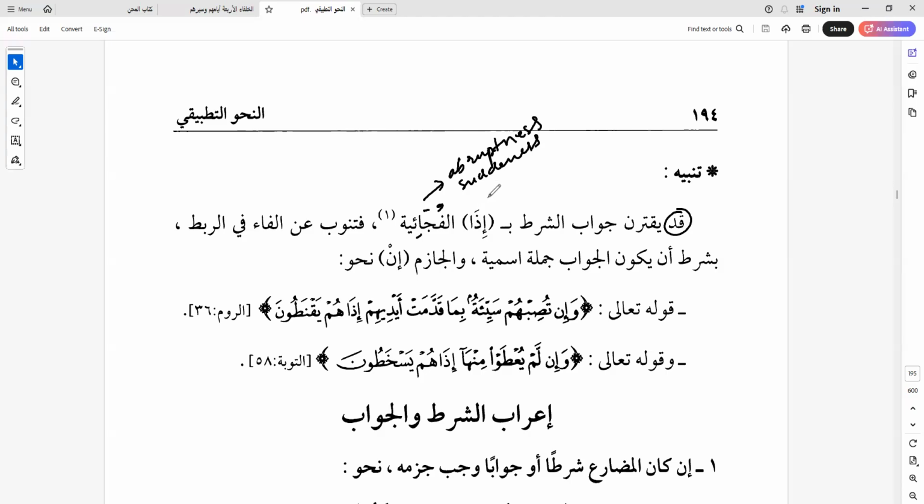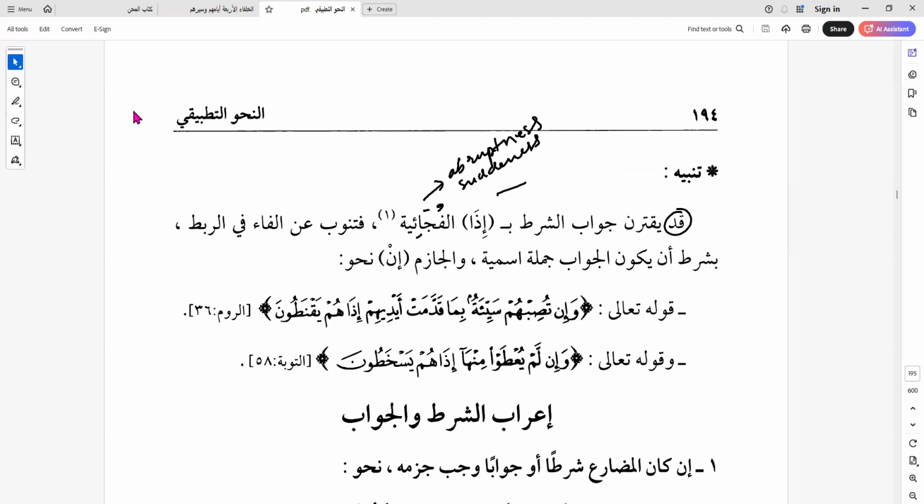Idha comes or it happens so suddenly. So we call it idha fujaiya. It's fuja. Or sometimes some people say mufaja'a. Now, this idha fujaiya can be what? Can be zarf al-zaman. Some people say it's zarf al-zaman or zarf al-makan.